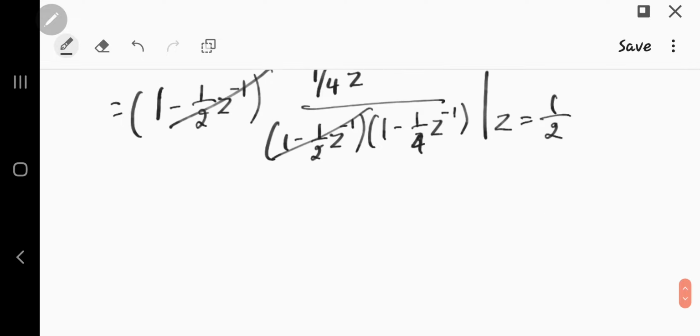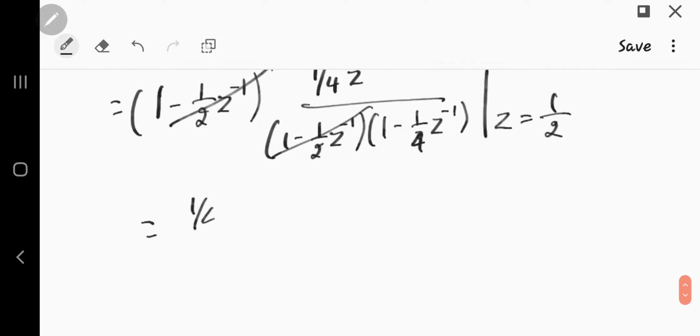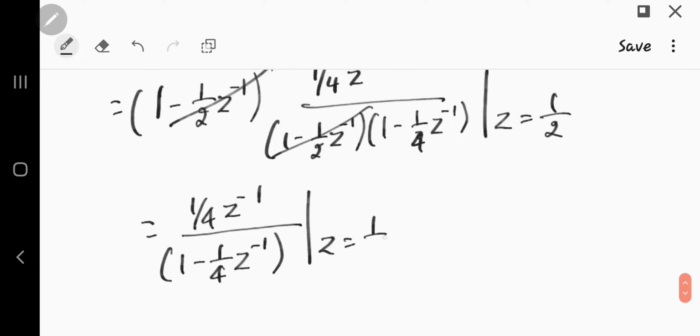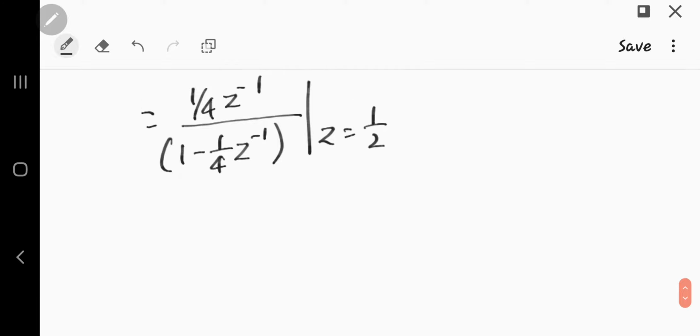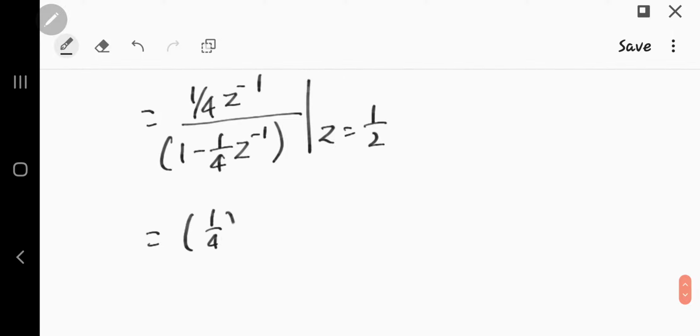So these two get cancelled. We will remain with 1 by 4 z inverse divided by 1 minus 1 by 4 z inverse, where z takes the value 1 by 2. Now if you apply this value, since it is z inverse, we have z equal to 1 by 2, you'll get 1 by 4 into 2 divided by 1 minus 1 by 4 into 2.